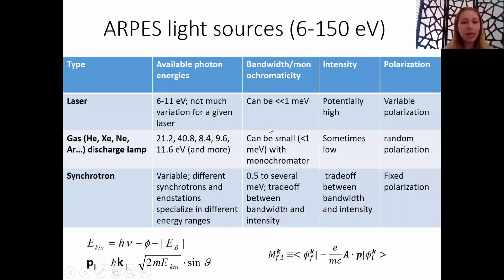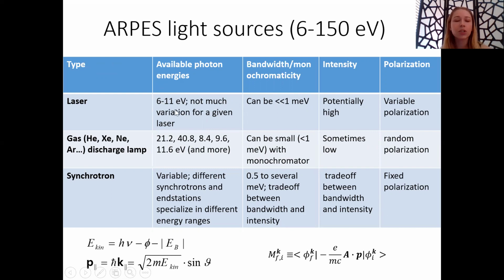All right, so let's begin with the light sources. There are a number of light sources that are used in ARPES experiments, and they have their advantages and disadvantages. One type of light source is a laser, and we have one of these in my lab at 6 eV.